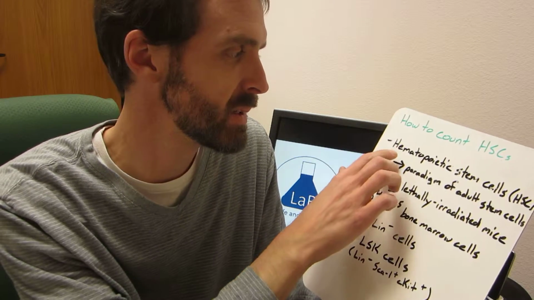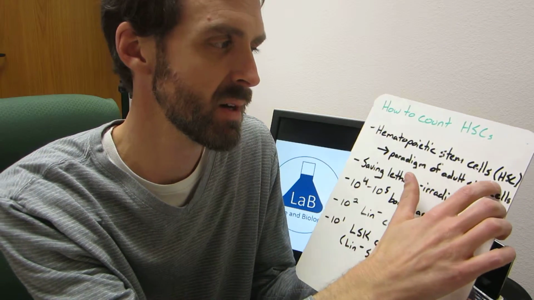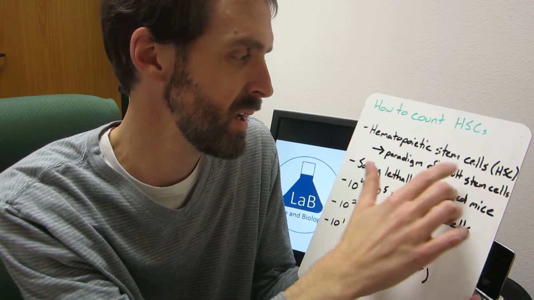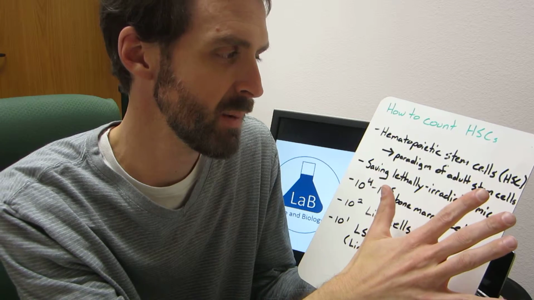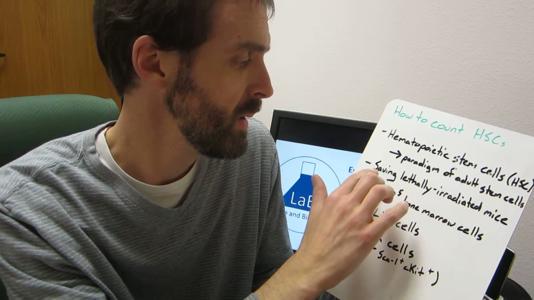We're going to be talking about one of the best first experiments where they were learning about adult stem cells, and the stem cell population was hematopoietic stem cells. So hematopoietic stem cells, abbreviated HSC, are a paradigm for adult stem cells, which I've already covered.